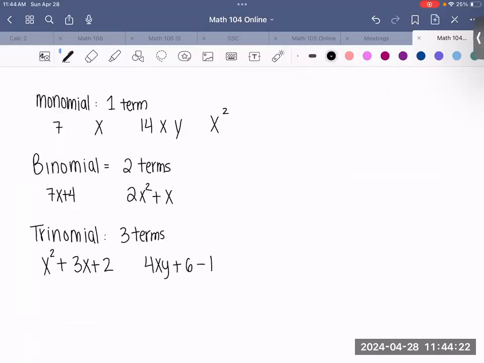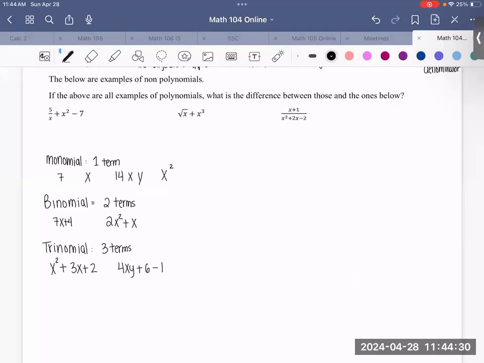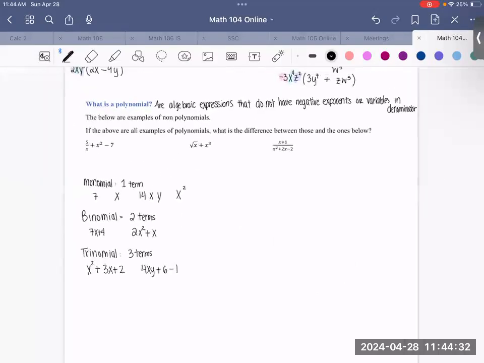Right, all examples of variables that do not have negative exponents or variables in the denominator.